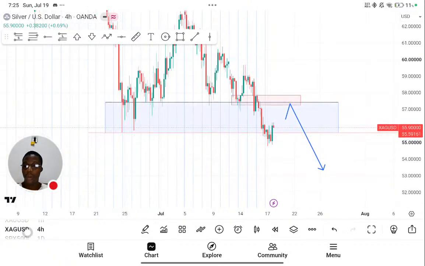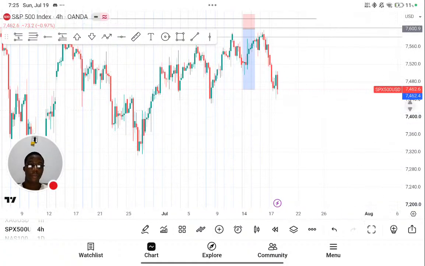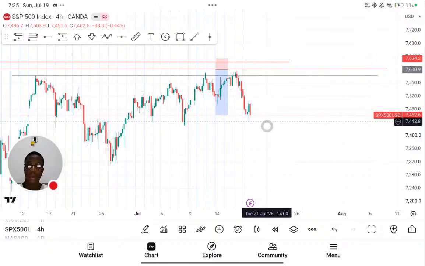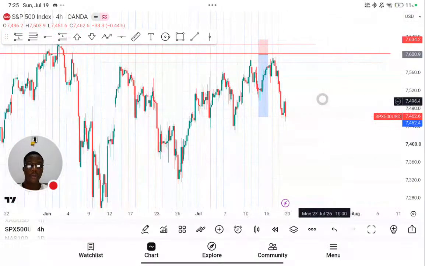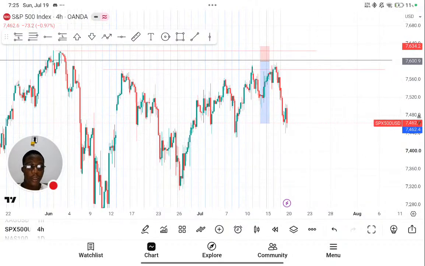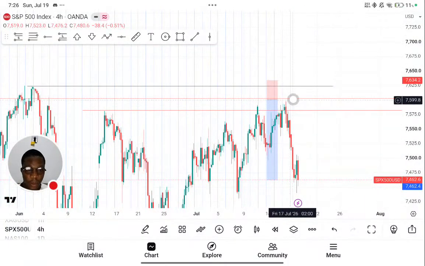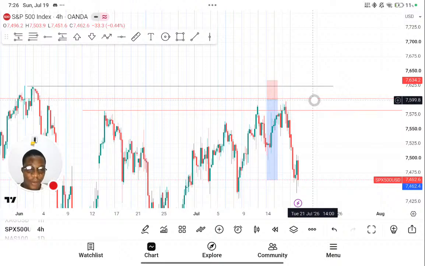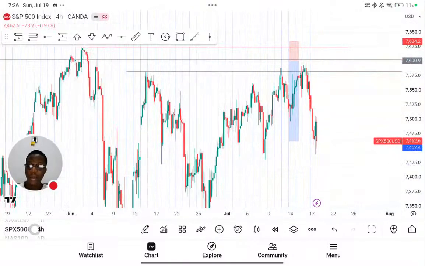So go to the S&P 500 and look at our projection for last week. It didn't reach the price level. It worked, but even if we set a limit, it wouldn't have tapped us. So why was this idea here from last week?